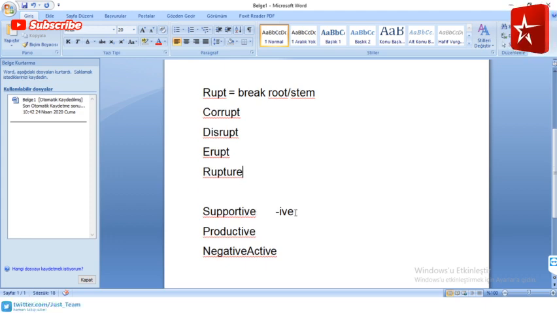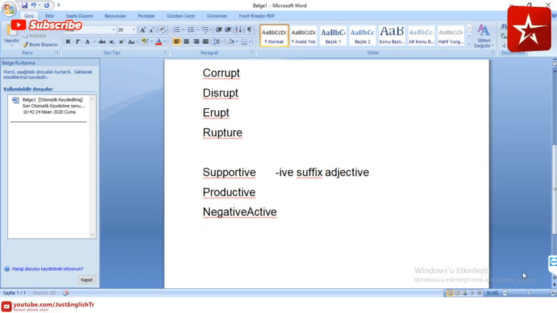Down here we have the suffix. This suffix is basically telling me that this word is an adjective, and it's telling me how I should use that word. The basic meaning of this suffix, even though suffixes don't have an overall general meaning, they do lend a particular idea to that meaning.